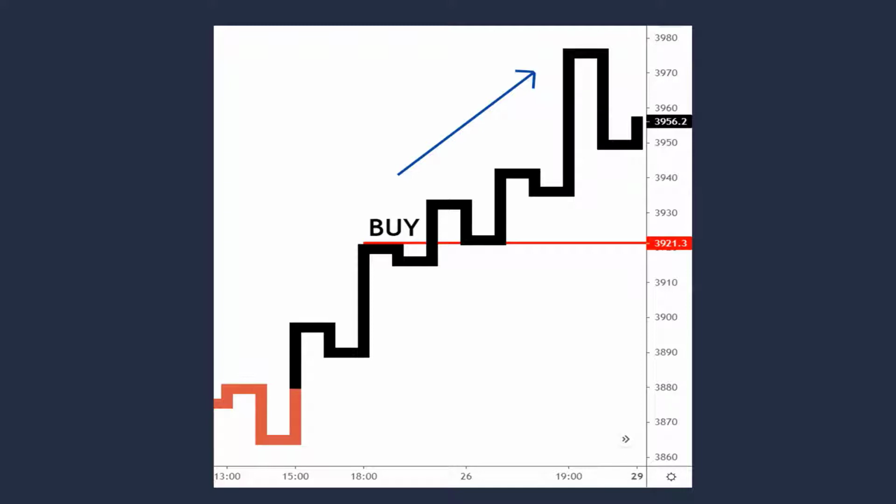Much safer, and it carried on and was a successful trade, possibly netting you 60 points in the next hour and a half, 2 hours. So a more safe way of trading the change in the line colour.